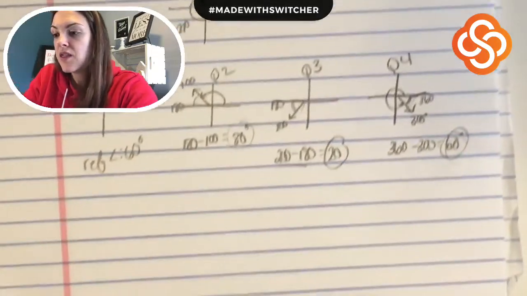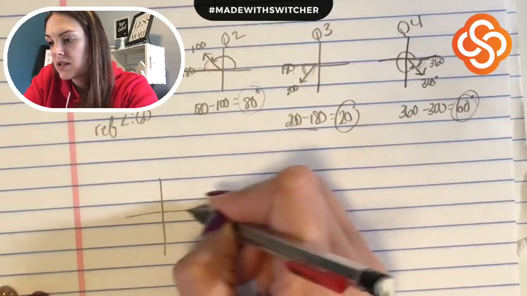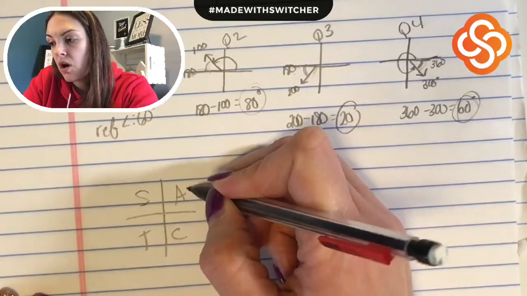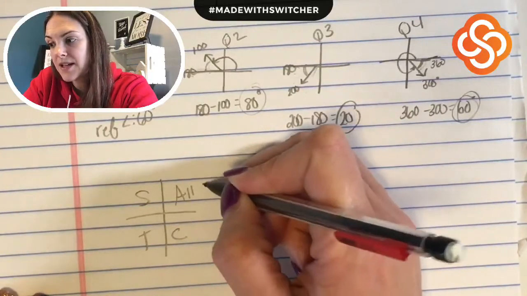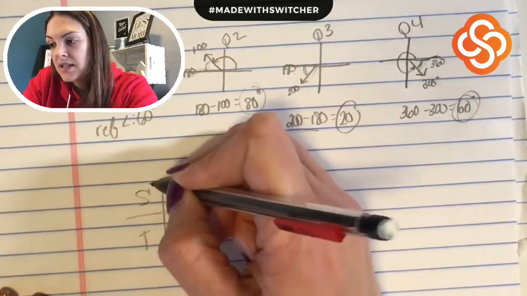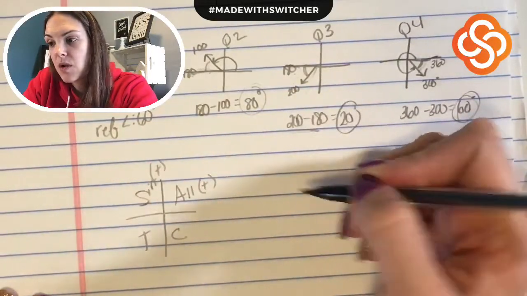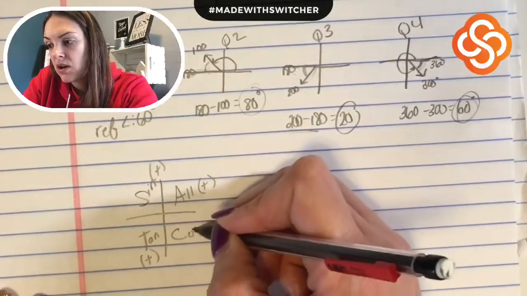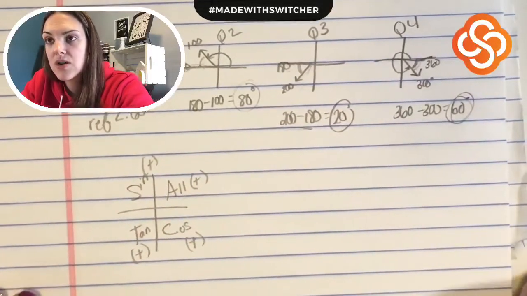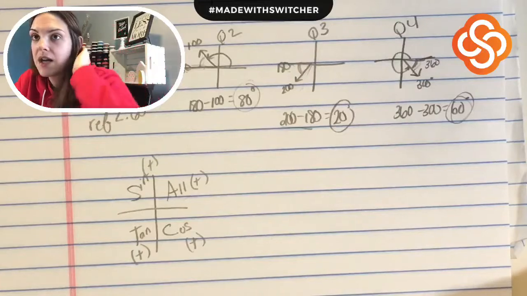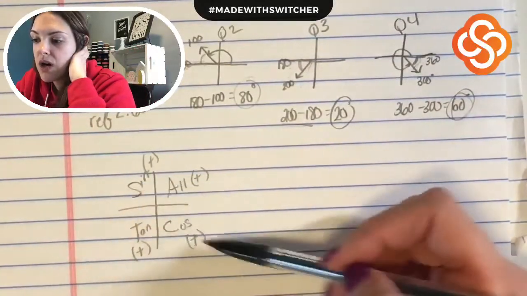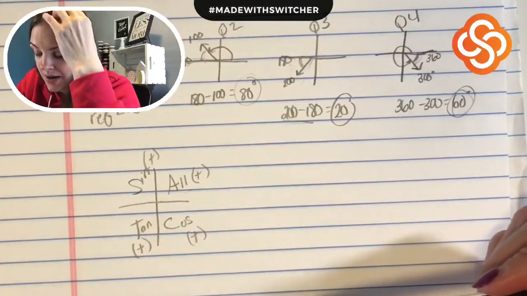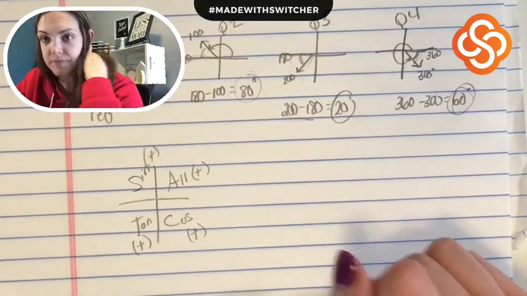Okay? The All Students Take Calculus mnemonic refers to all of the functions being positive in this quadrant. Sine is positive in this quadrant. Tangent is positive in this quadrant. And cosine is positive in this quadrant. So depending upon what quadrant you're in, that's going to determine your answer.